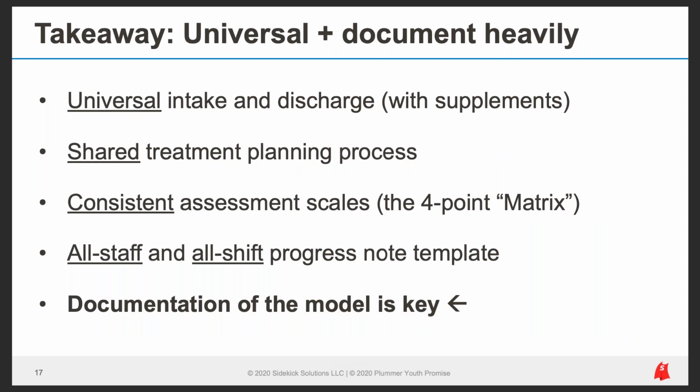So the fourth takeaway is designing a universal model and documenting it heavily. This goes right along with that performance-based measurement. As much as possible, and you're going to hear it, we have this consistent theme around universal. So we designed our intervention and outcome model to be universal across all programs and services we offer.